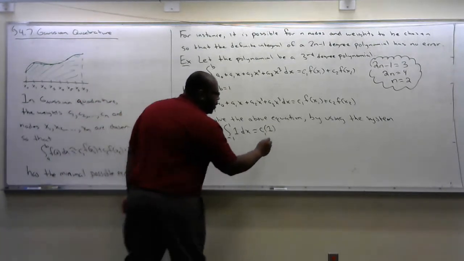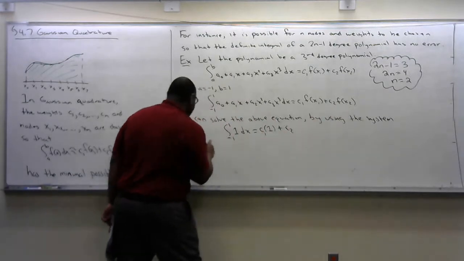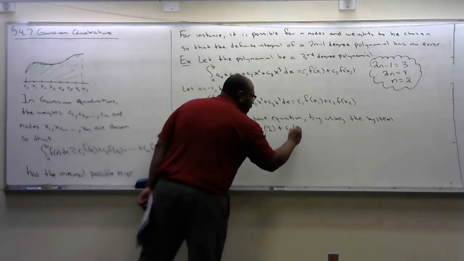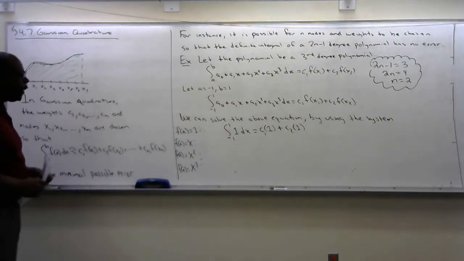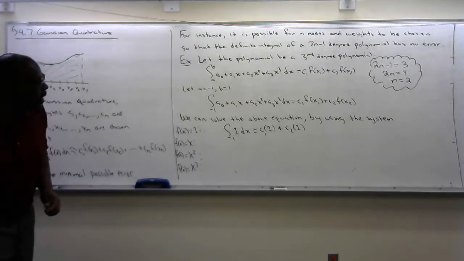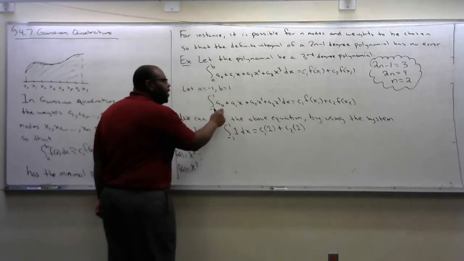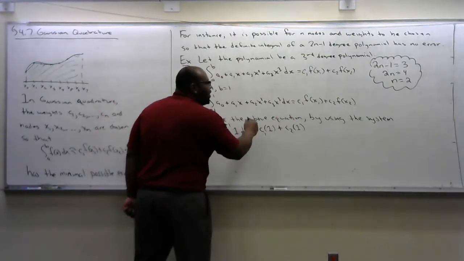Plus c2, I plug x2 into this function, I get the value of 1 again. So if this is going to be equal to this, then 0th degree polynomials have to also be exactly equal.